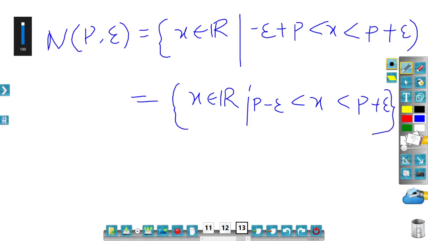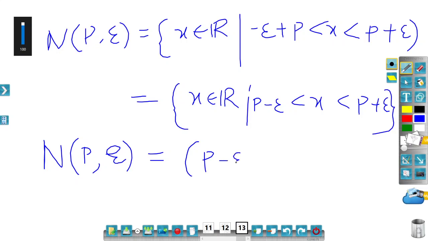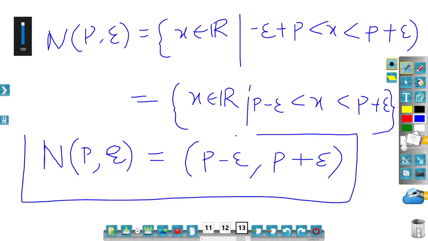So N(p, epsilon) is equal to the open interval (p minus epsilon, p plus epsilon). This should be noted: the epsilon neighborhood of p is nothing but (p minus epsilon, p plus epsilon).